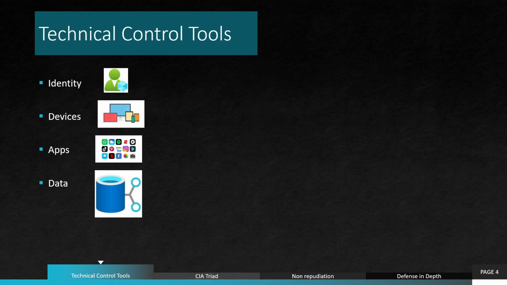And they are going to be helping these organizations as well to be able to assess their security posture and to improve their security operations. So all of these capabilities and all of these technologies will be focused around four main pillars. Now, these pillars are the identity pillar, the devices, the apps, and the data. So these are the basic things that will be protected with the help of the technical controls within an organizational IT setting.